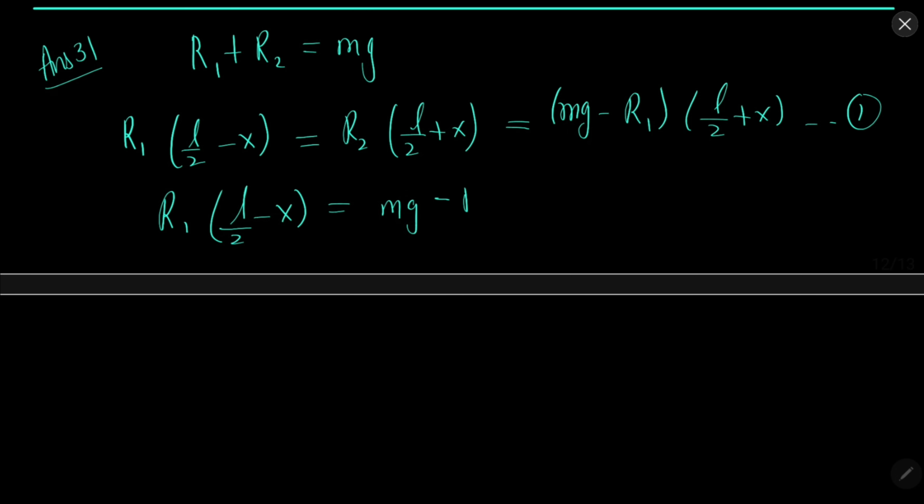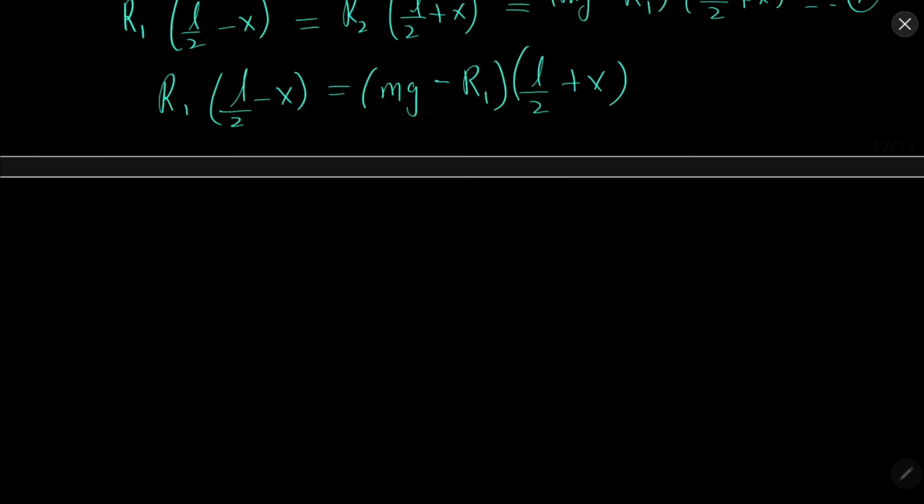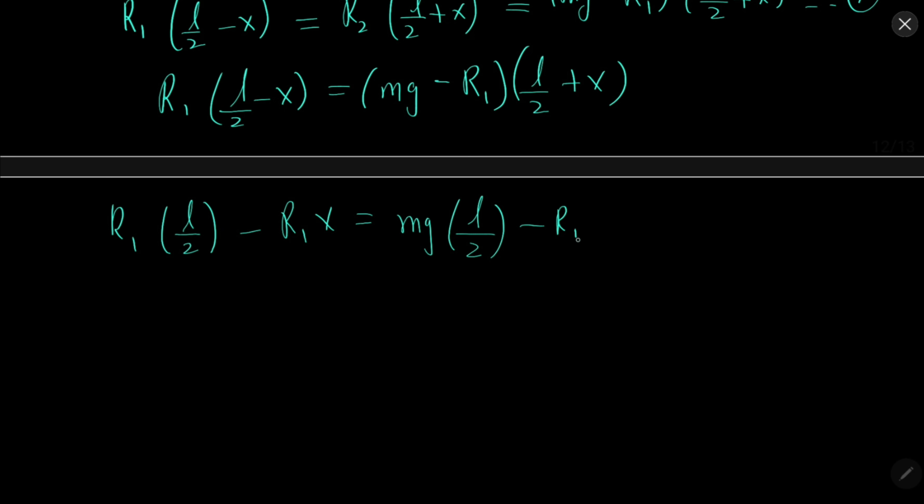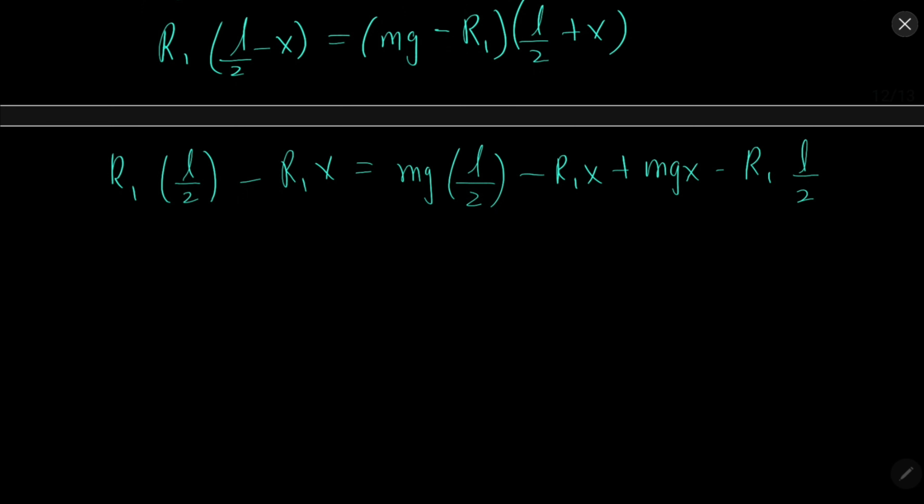So let's take these two sides, R1 L by 2 minus R1x equal to mg L by 2 minus R1x plus mgx minus R1 L by 2.